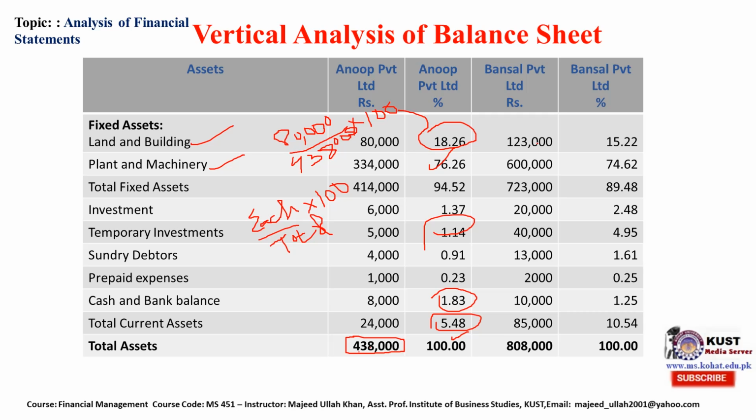Now coming to Bansal Limited, how have these figures been calculated? First of all, consider this total as 100%. Now each item will be expressed as a percentage of this 808,000.